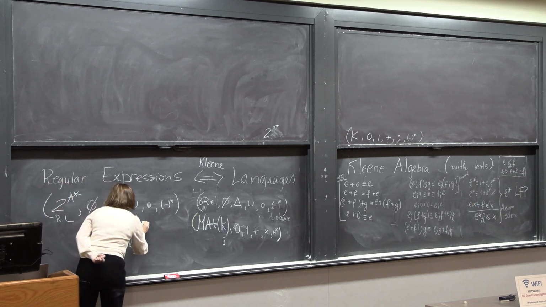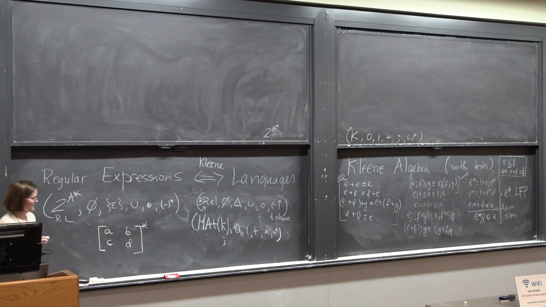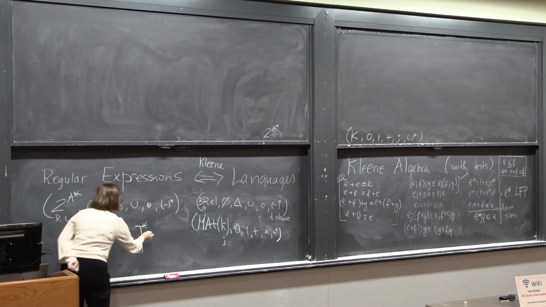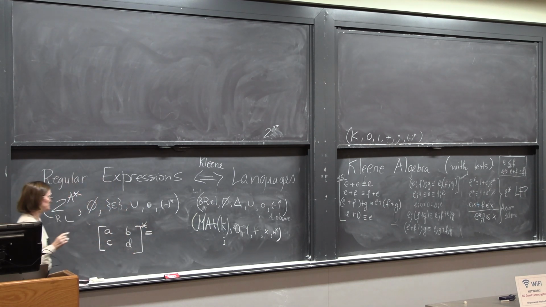The 2 by 2 matrix is interesting because it goes back to that two-state automaton we were staring at during state elimination.